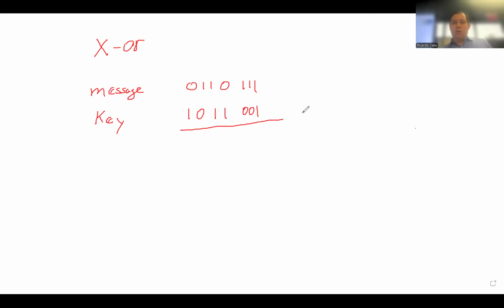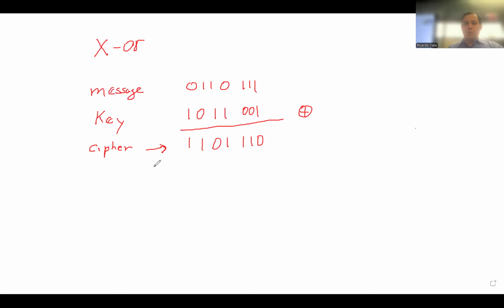Okay. So we XOR it, and that gives us a cipher, which is going to be 1, 1, 0, 1, and then 1, 1, and that's a 0. So that's the cipher. This is the thing that you need to send.